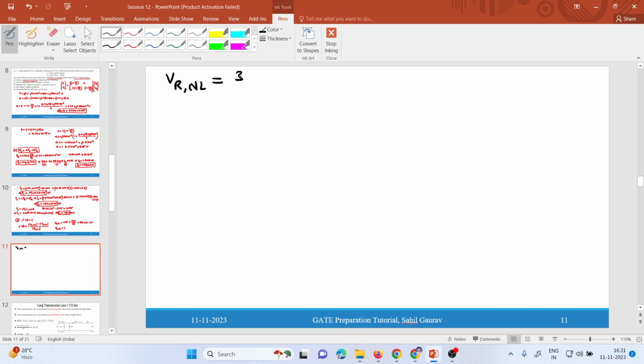So it will not be 345 divided by root 3. It is incorrect. How are we going to find this? We know that Vs is equal to A VR plus B IR.